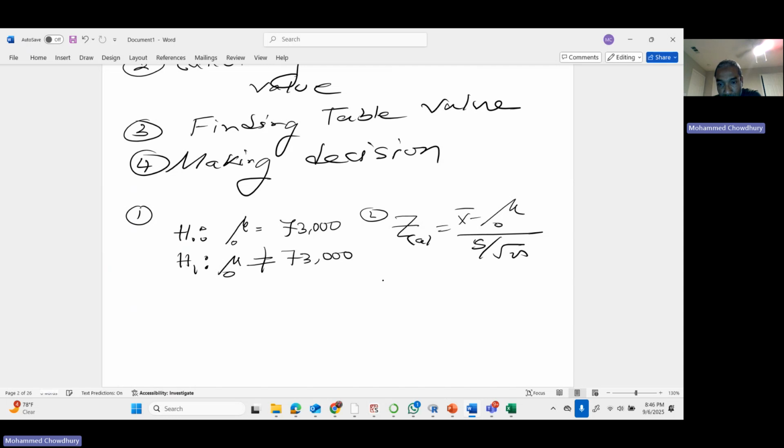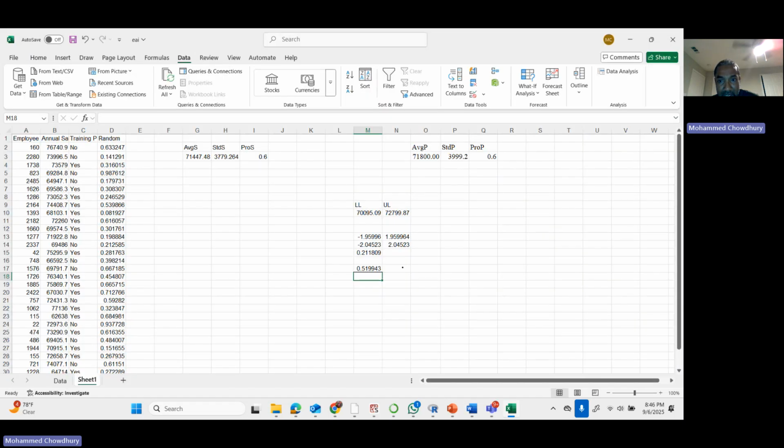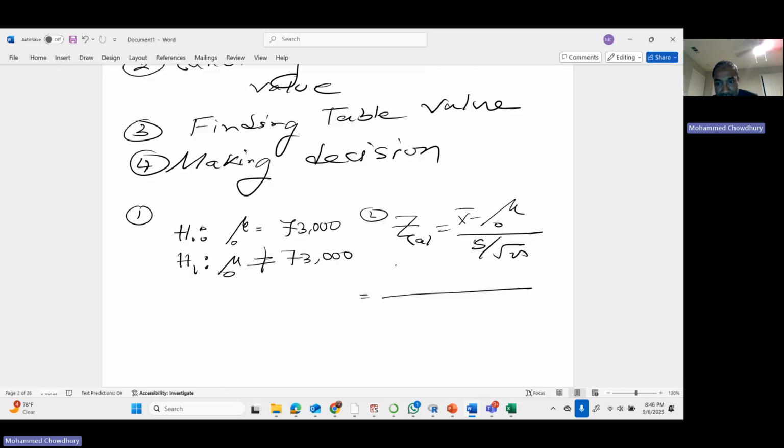So now my x bar that I got from the data is 71447, and mu 0 is 73000.